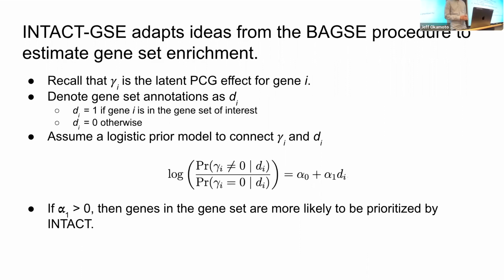D_i is going to be an indicator variable for whether or not a gene is in a gene set of interest, to connect the posterior probabilities to those gene set annotations. The parameter that we're really interested in here is this log odds ratio alpha 1, where if alpha 1 is greater than 0, then genes in the gene set are more likely to be prioritized.